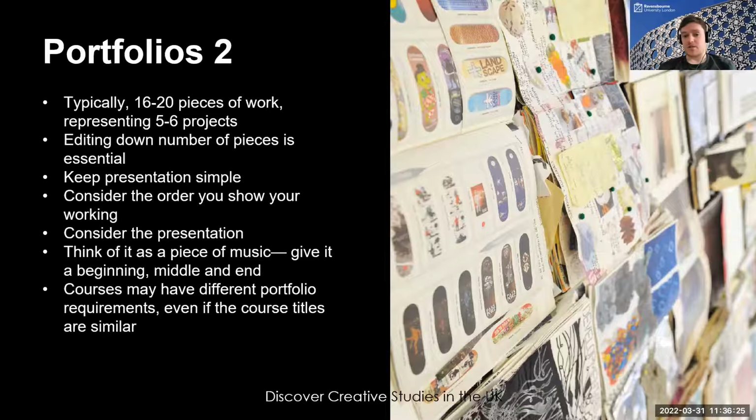So as an example, if you've never done something like interior design before, but you want to go into that degree, a really good project you can undertake is something just as simple as redesigning your room and changing the layout of your room, making it more aesthetically pleasing. Maybe you're trying to achieve a goal such as creating more floor space in your room, and how do you go about that?